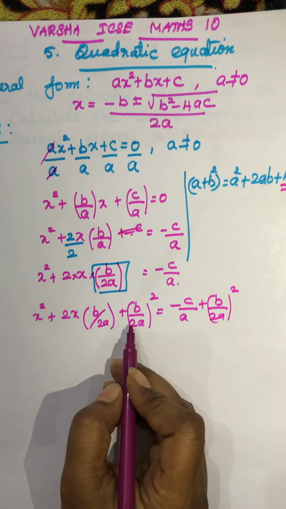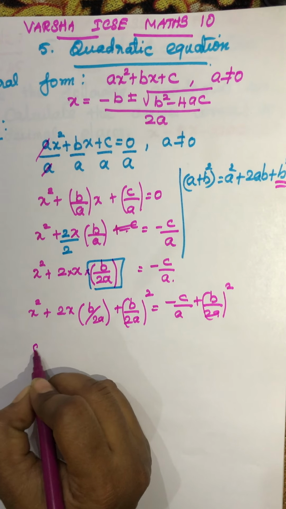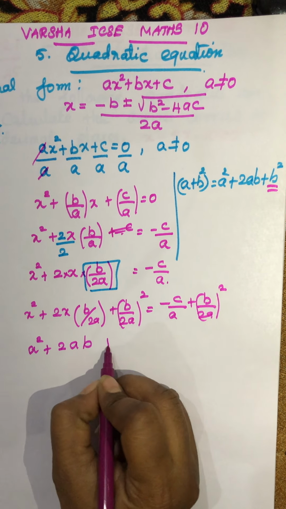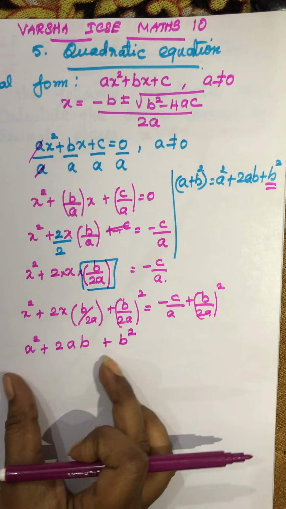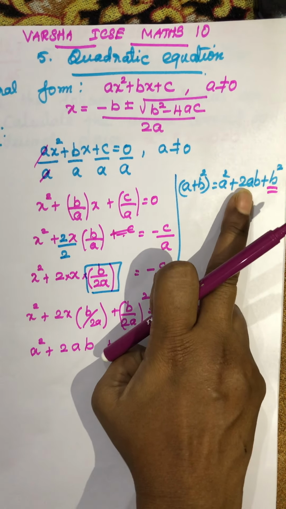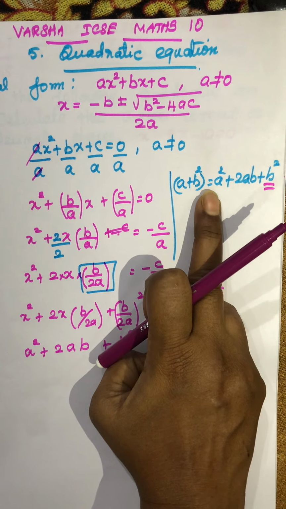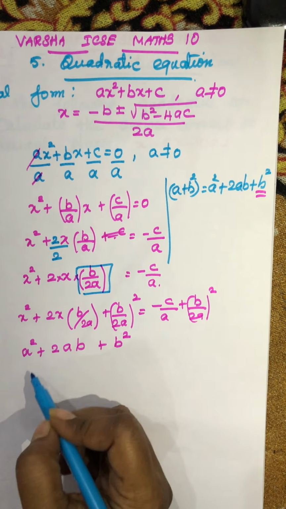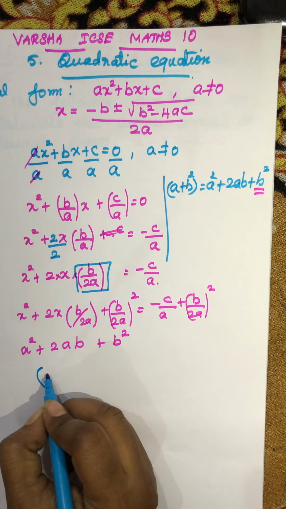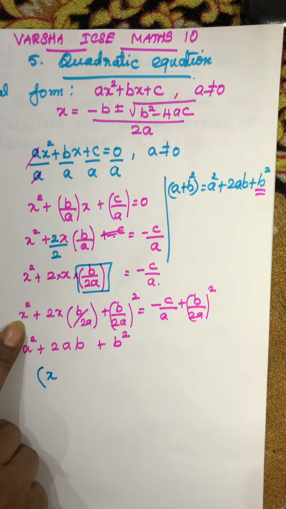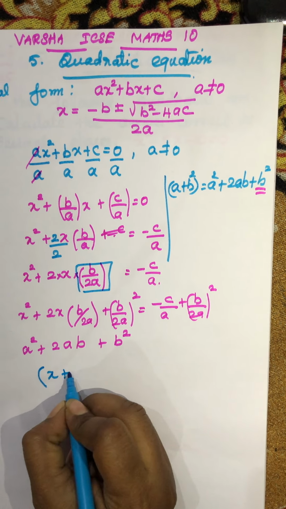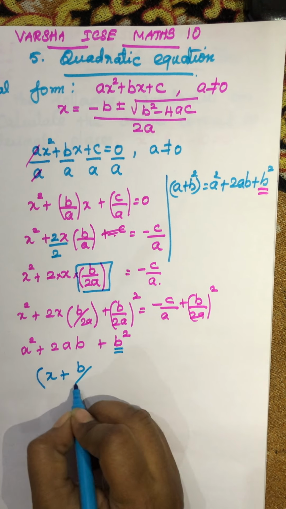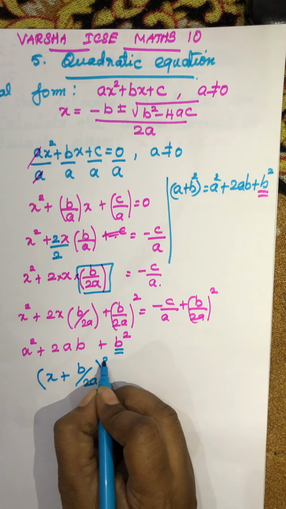Okay, see now this is a square term, 2ab and plus b square term. So we changed it into that formula, a square plus 2ab plus b square. So now see students, clearly in the place of a it is x, and in the place of b it is b by 2a the whole square.